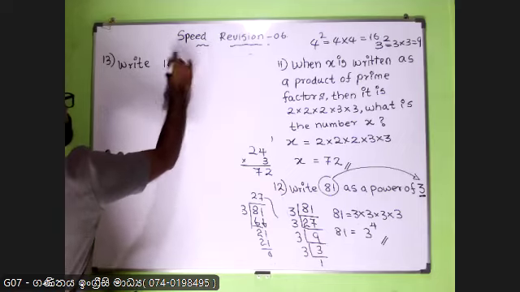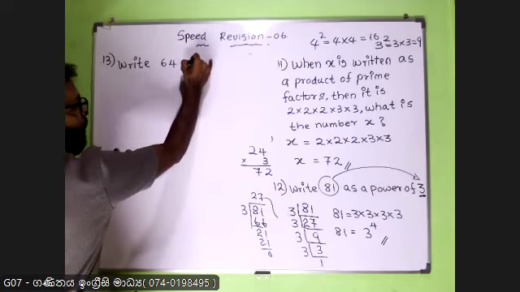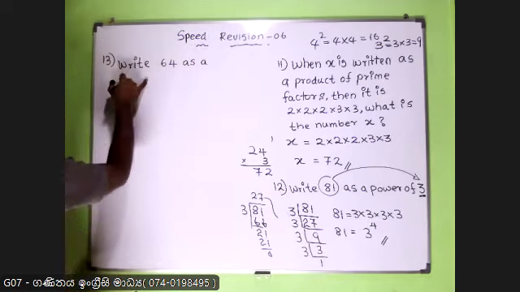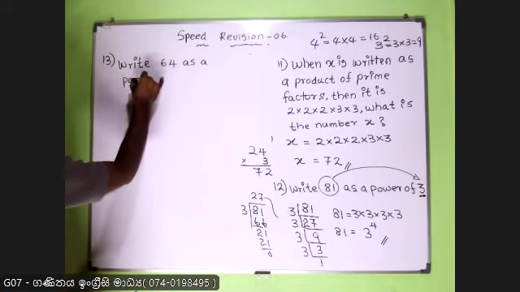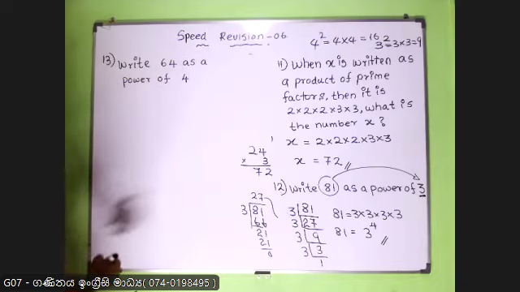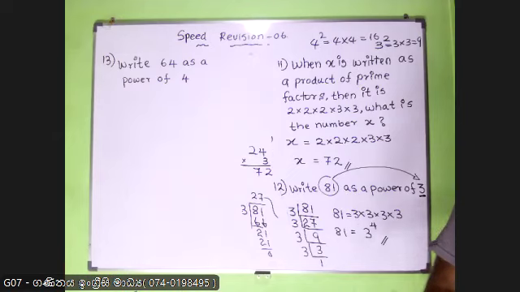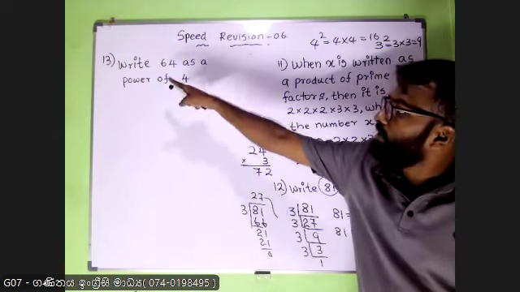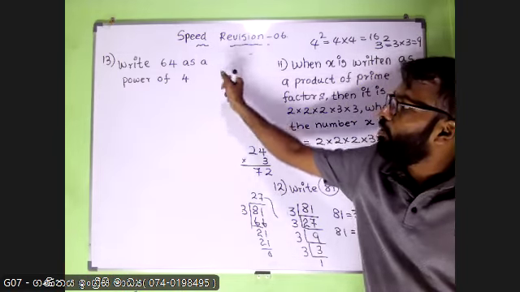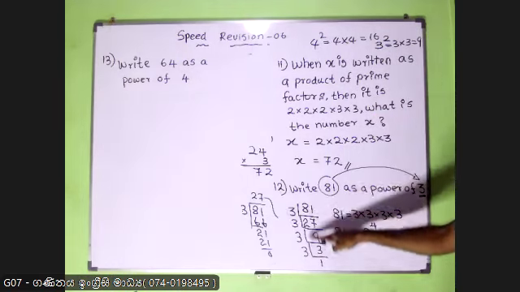Write 64 as a power of 4. Do this fast. You have to follow the same way.